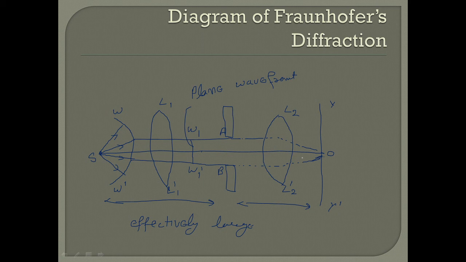Now our point is to find out the maxima or minima at point P on the screen. Then these light rays go from A to P through the lens L2 like this.